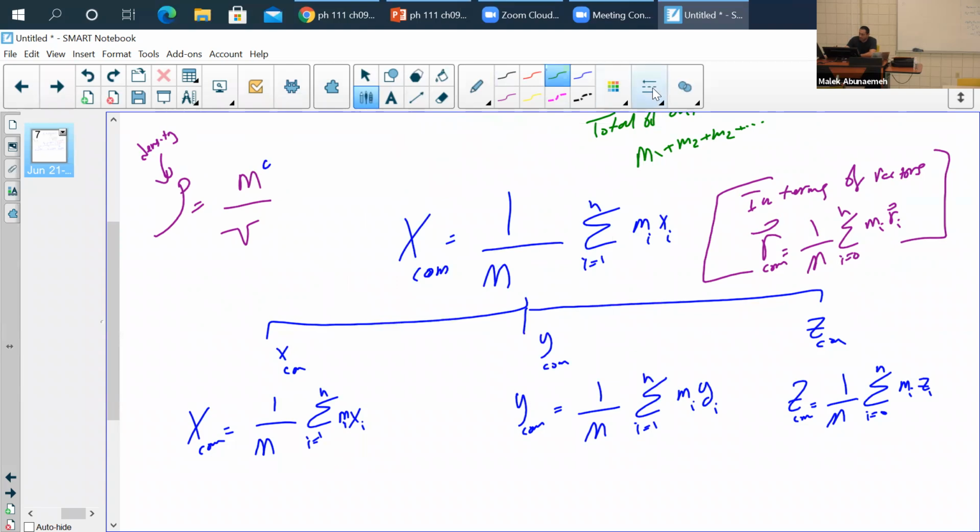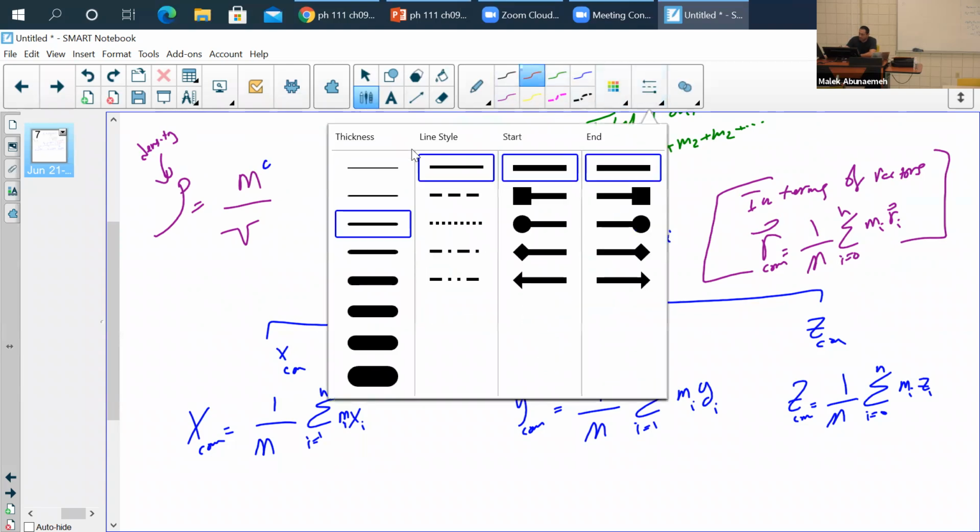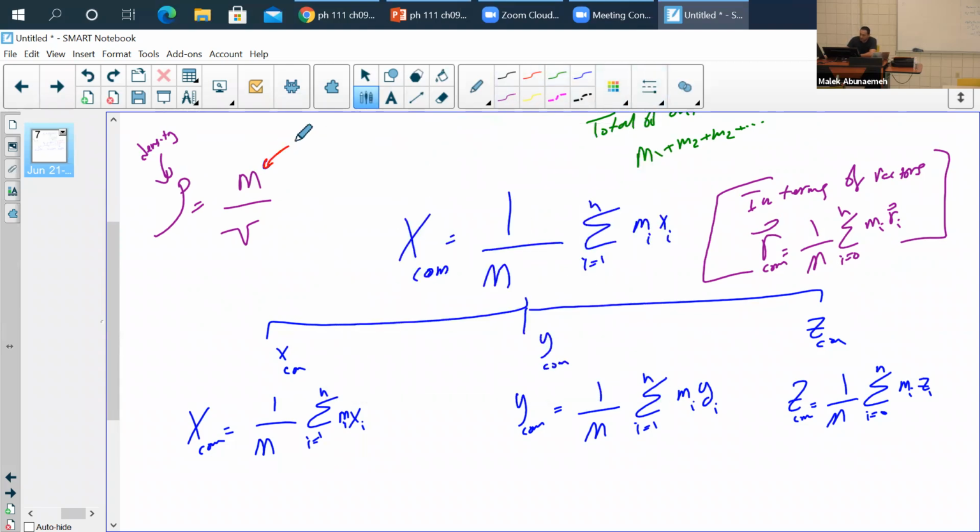More precisely, it is dm over dv, which is your mass divided by your volume.